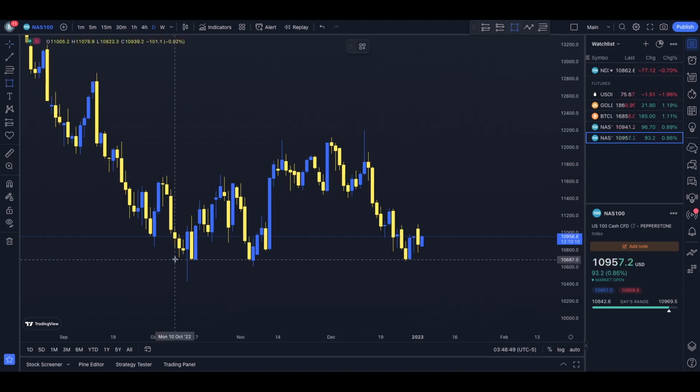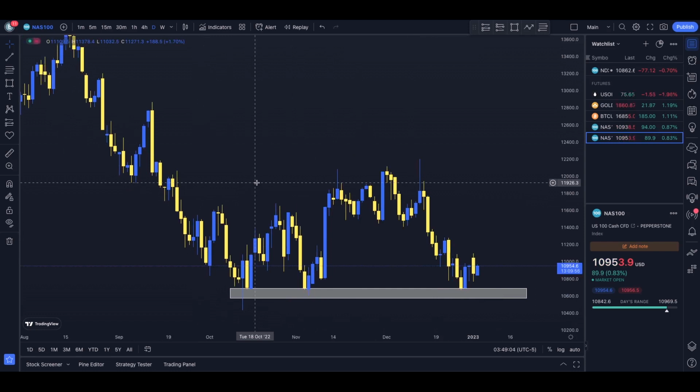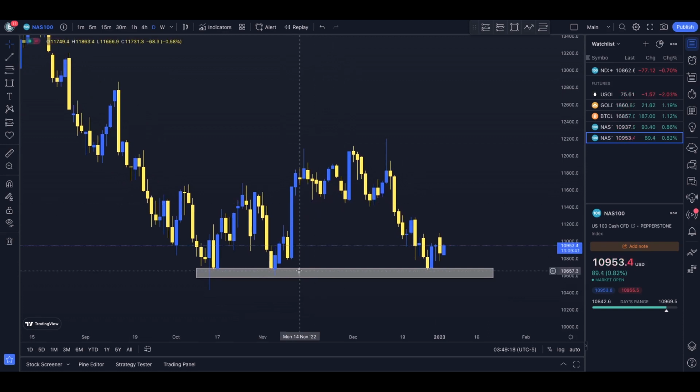We have this support zone that has not been broken for a very long time. It has not been broken since October of 2022, and we're rejecting it right now over here. So I know the market is bullish. As you can see, the market is trending downward, but just because we have a support zone right here that has not been broken for the past 6 months, all I'm going to be looking for is buys.